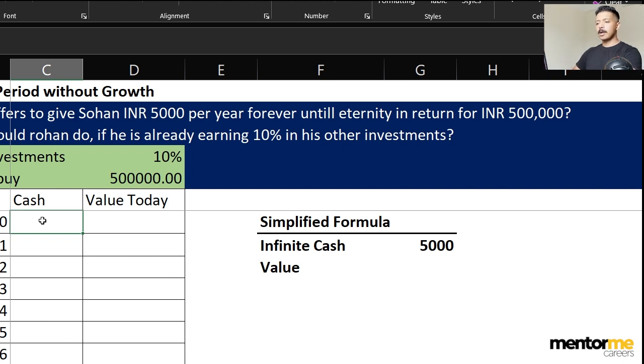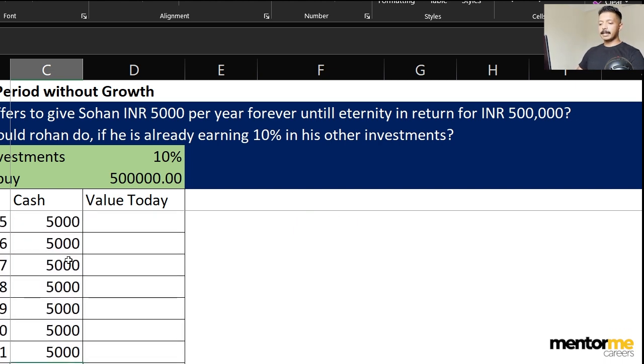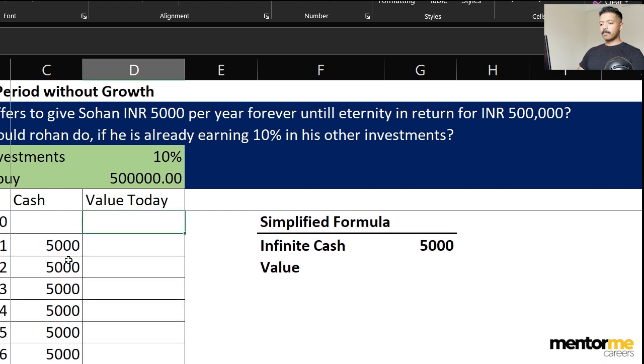Okay, so the cash which the guy is ready to give us is about 5,000, right? So this is 5,000 and he's ready to give it to us infinitely. So for now, I've defined infinite, let's say, as 250 years, 242 years, right? Now, of course, we will use the same concept of finding the present value.